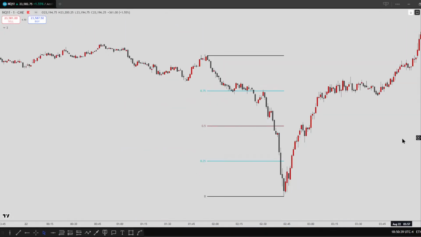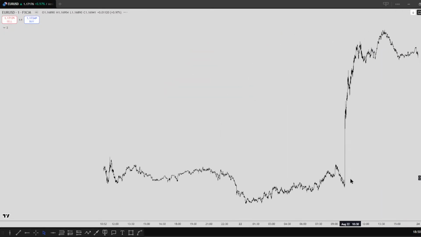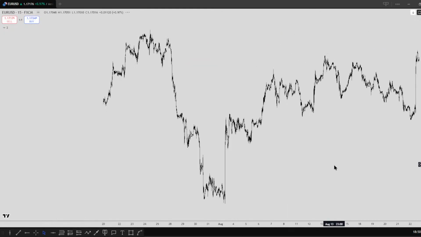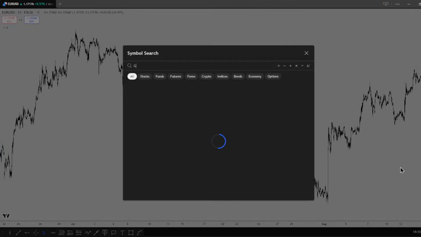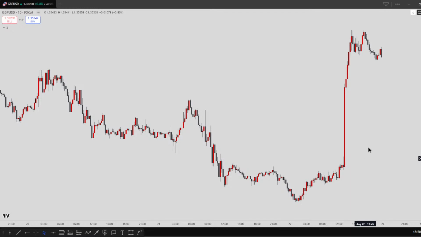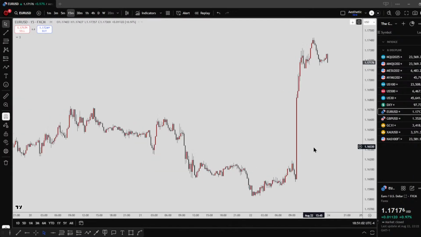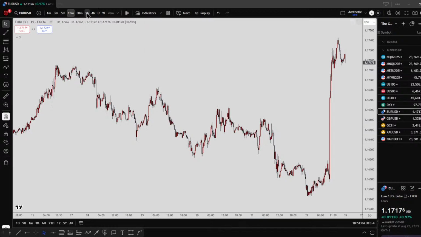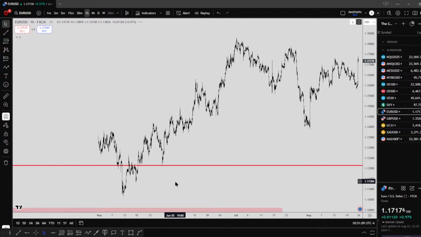It doesn't even look like an implied range. Let's check out the euro dollar instead. We'll see if we can get anything. I'm sure I marked out something. Maybe not. Oh, here we go.